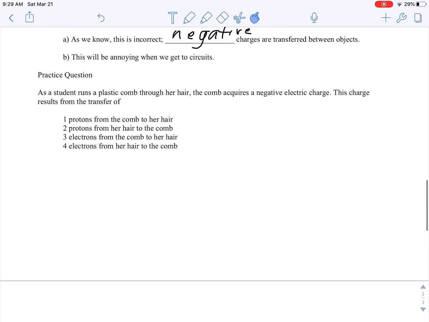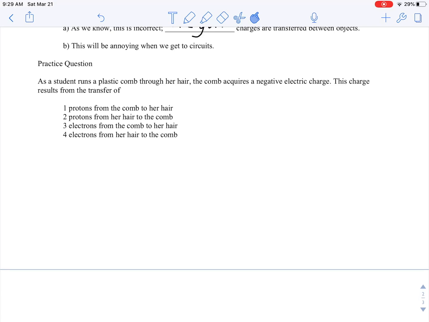All right, so let's look at a little practice question here. I think this is similar to one that's on your exit ticket for today's class. As a student runs a plastic comb through her hair, the comb acquires negative electric charge. This charge results from the transfer of, and we have all the different choices, just take a second to read those.